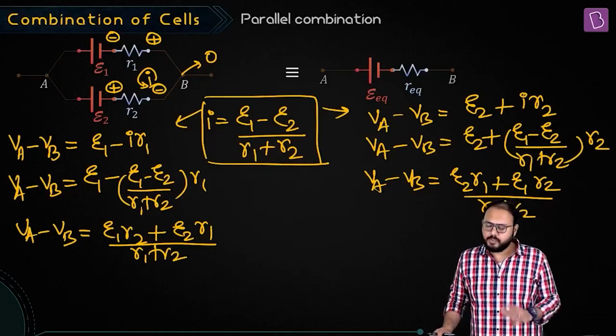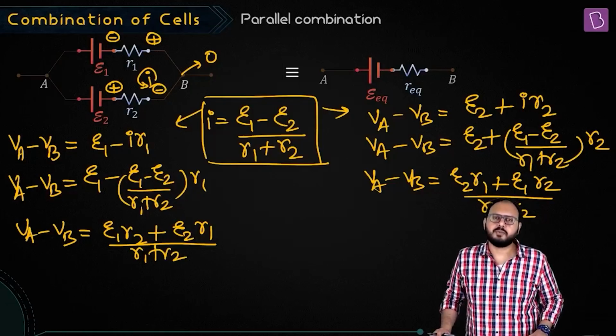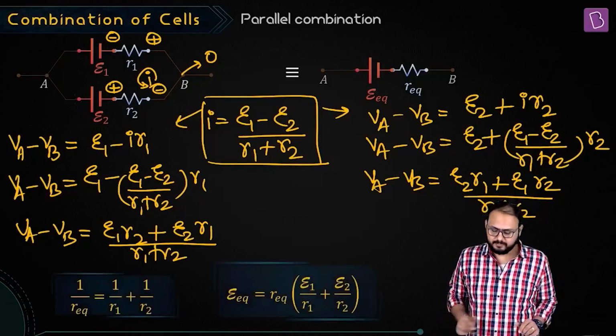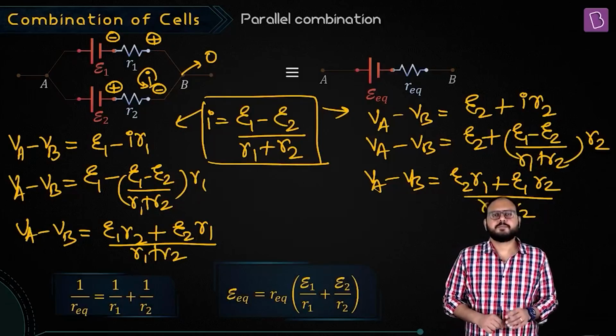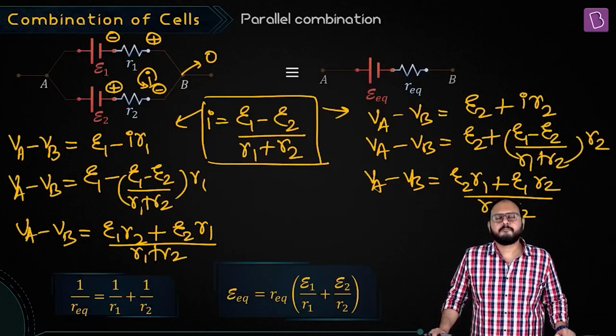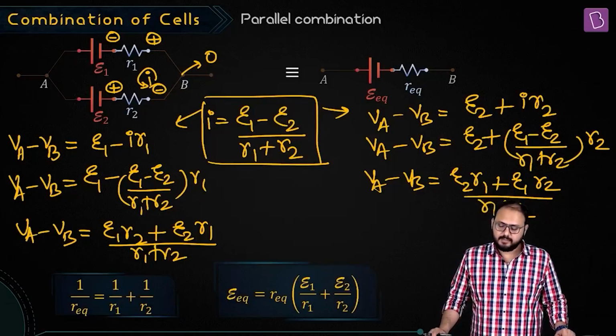E1R2 plus E2R1 upon R1 plus R2. Can I write this expression in some other better way? I can. Click. Watch. Nice.